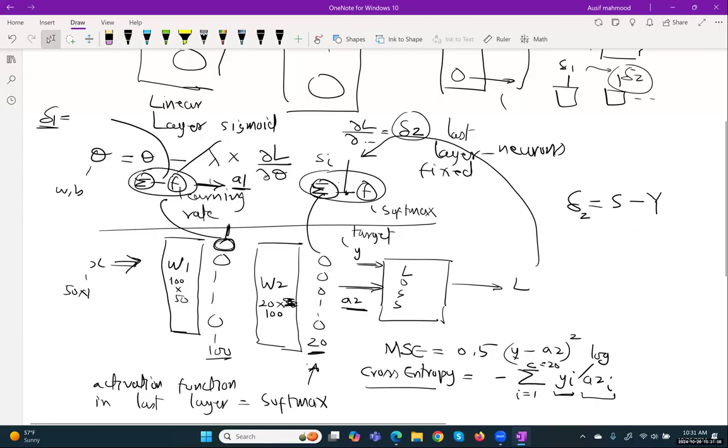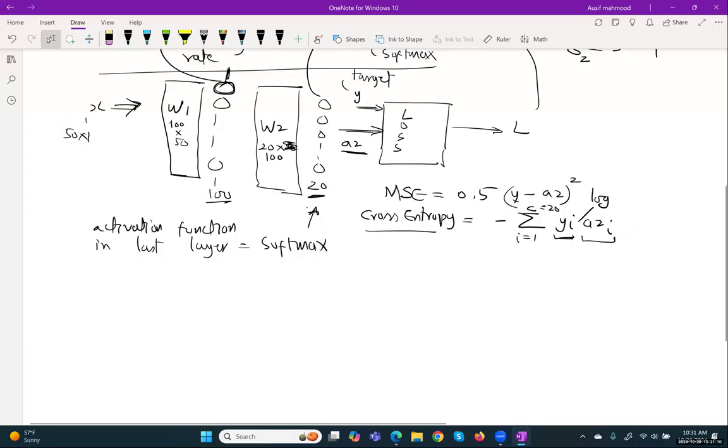If you forgot, let me give you a further hint. Let's forget the matrix form and go to an individual neuron. Suppose this W5 is connecting this neuron to this neuron.